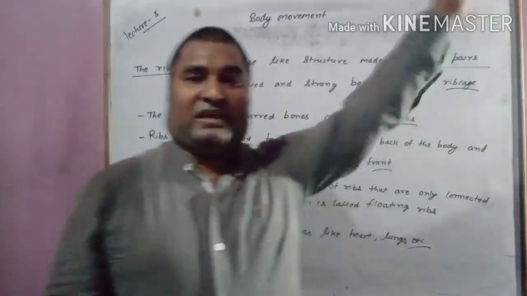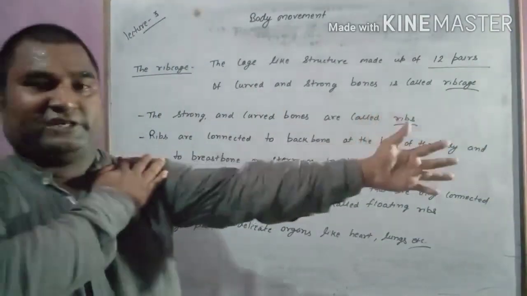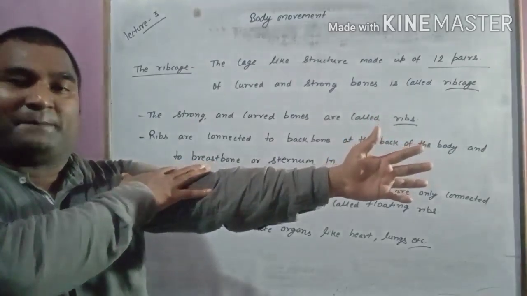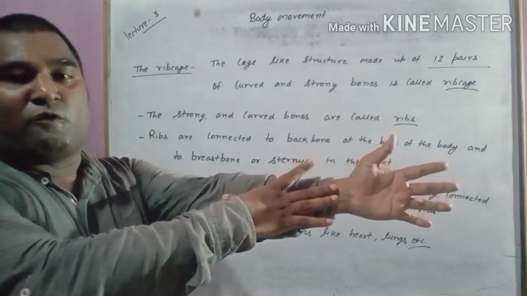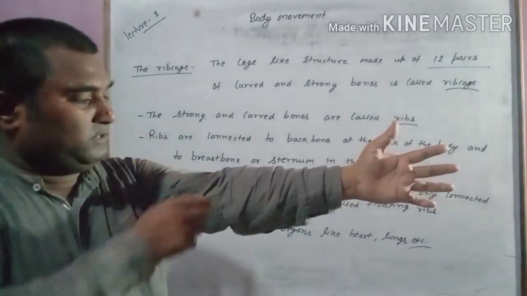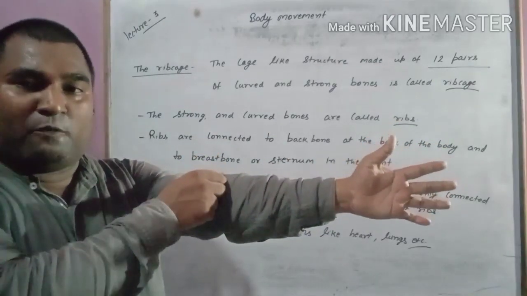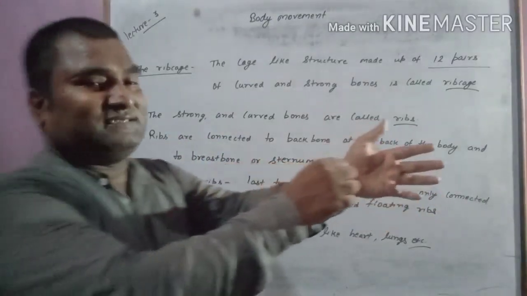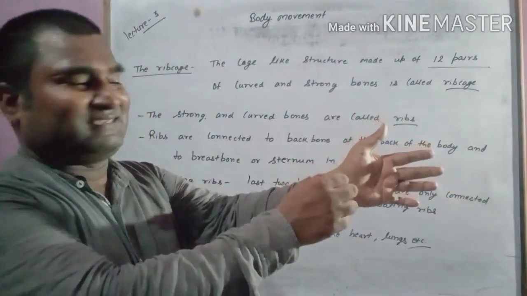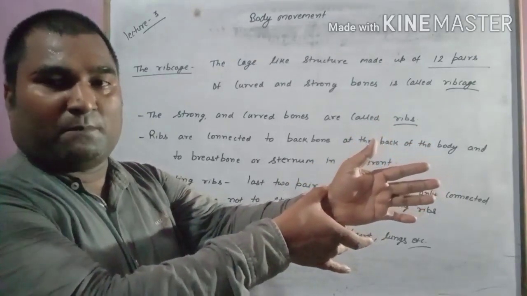From here to here is called the upper arm, made up of a single bone. This is called the forearm, made up of 2 bones. This is called the elbow, the joint where the forearm and upper arm are joined. This region is called the wrist, made up of many small bones.